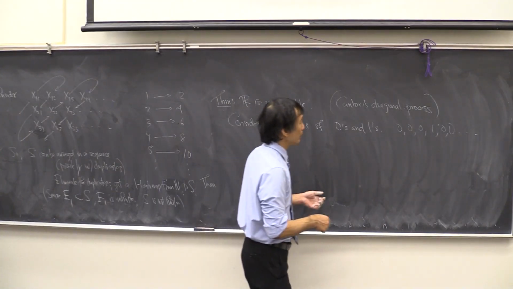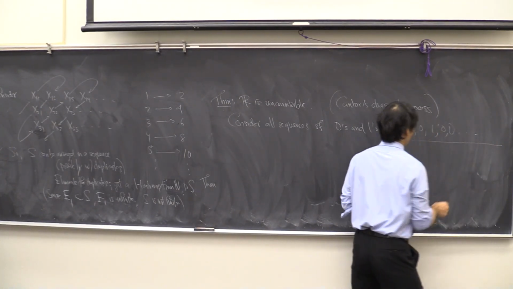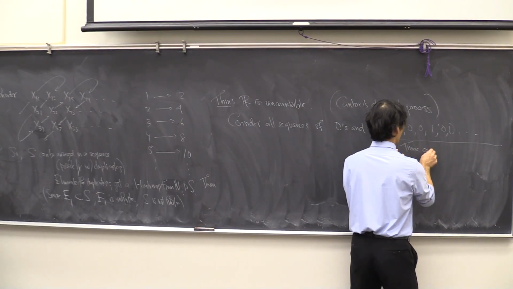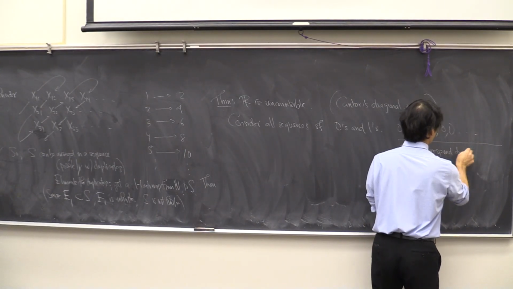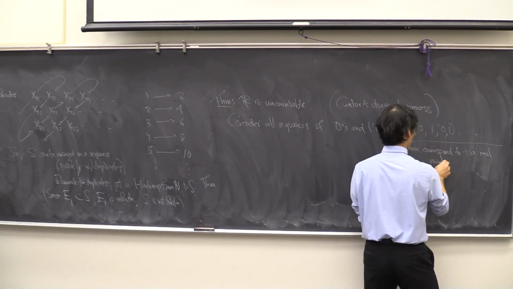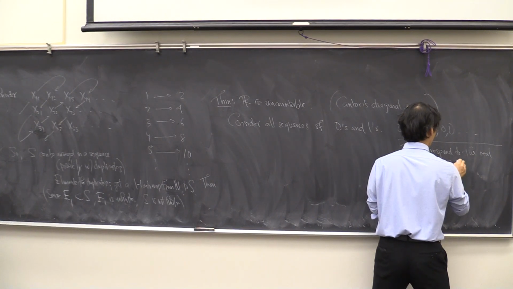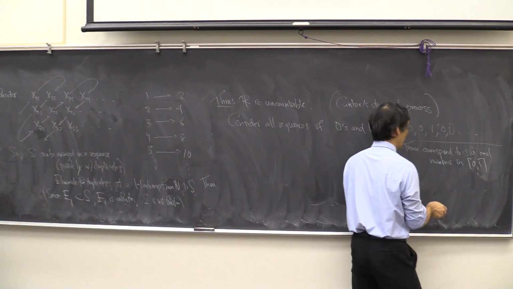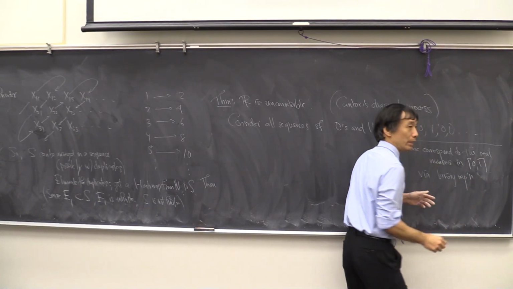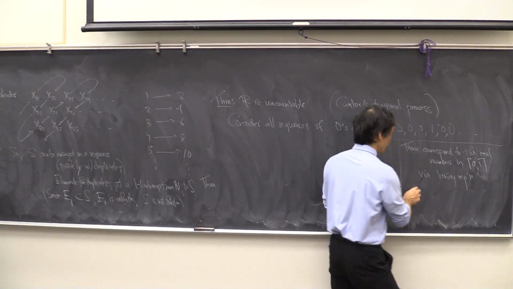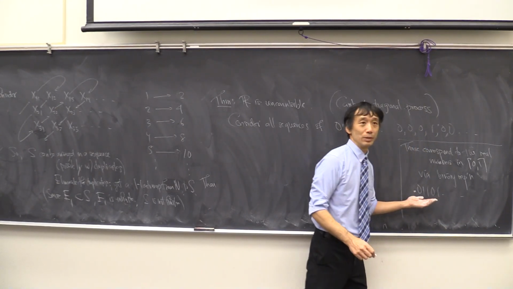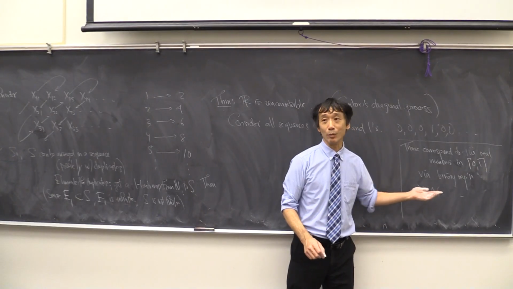If you think about it, those correspond to the real numbers in the interval 0, 1 via binary representation. Every number in 0, 1, you can represent as 0.0110, some sequence, using binary representation instead of decimal representation.